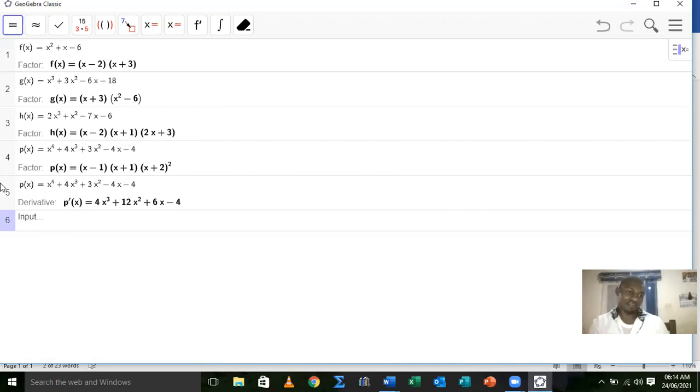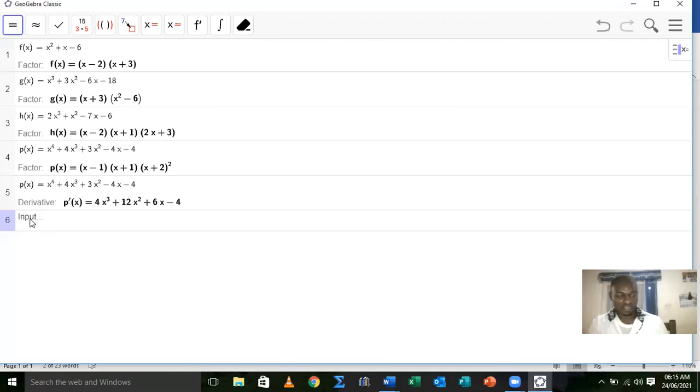We said that when x plus 2 is a double factor, a repeated linear factor, that repeated linear factor shows that at the point where x satisfies that repeated linear factor, the function is turning, meaning that the graph of every function with a double root has a turning point at that double root.